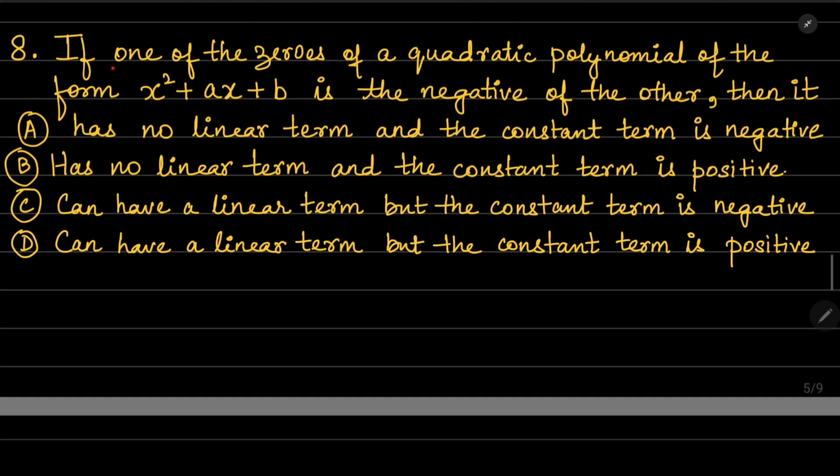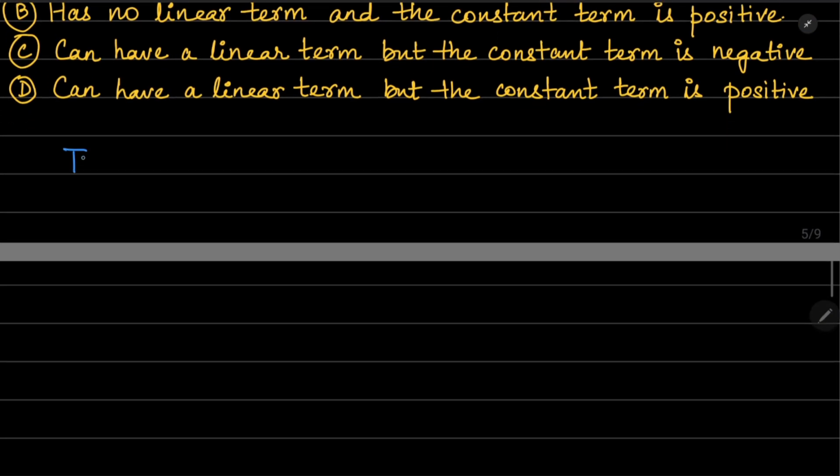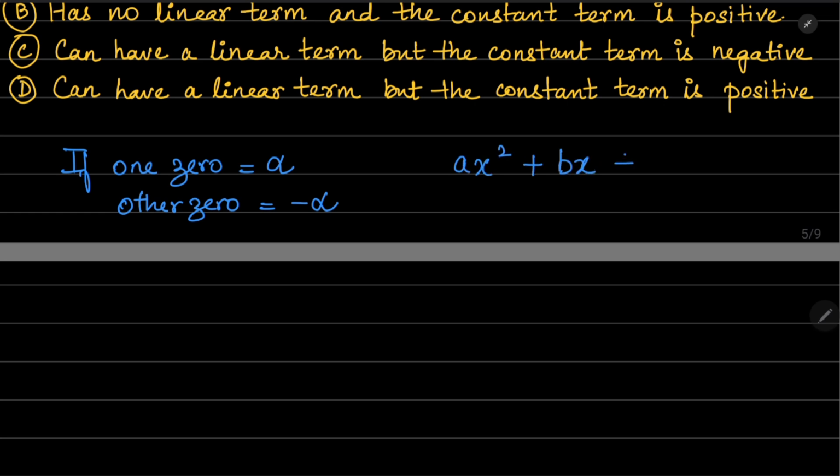What is given is if one of the zeros of the quadratic polynomial is the negative of the other. Suppose one of the zeros is equal to alpha, then your other zero will be minus alpha. The standard form of a quadratic polynomial is ax square plus bx plus c.